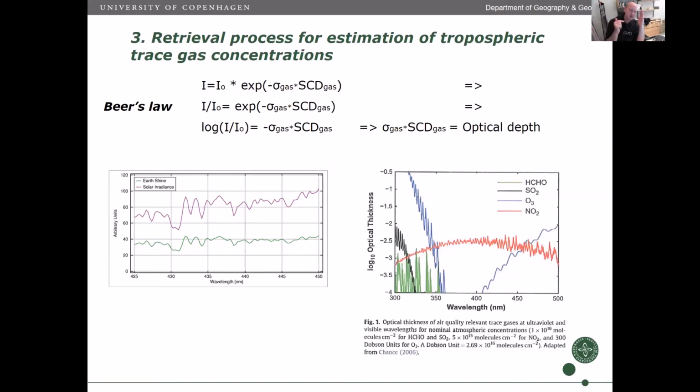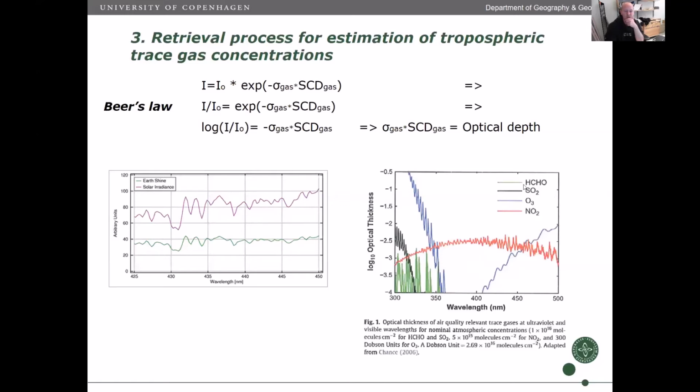We put in incoming radiation, and we put a sensor on the back of this air, and measure the transmitted radiation. And then we can do this for all these different wavelengths here, between 300 and 500 nanometers. And then you can see that different wavelengths transmit different amounts of radiation. So we can use this information to relate what we have measured to the concentration of the trace gas.